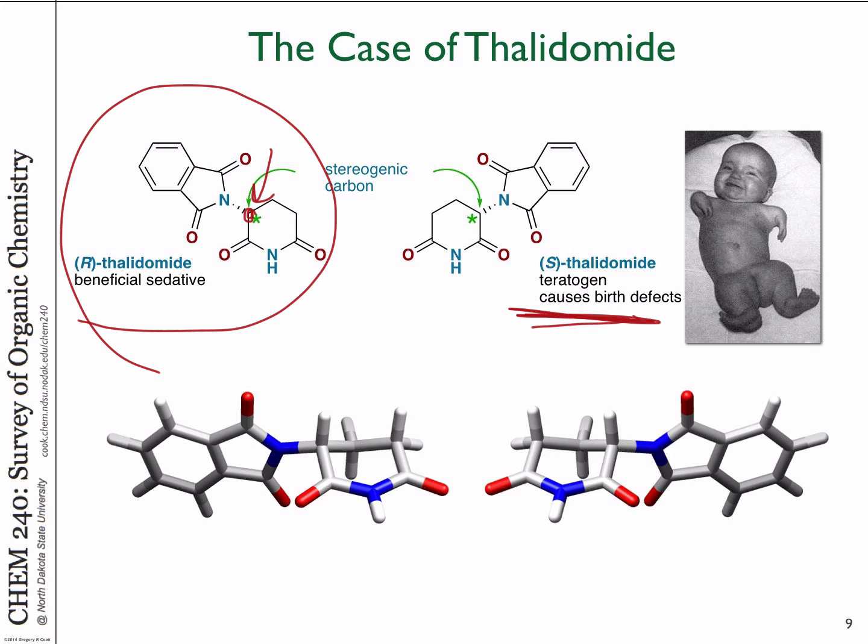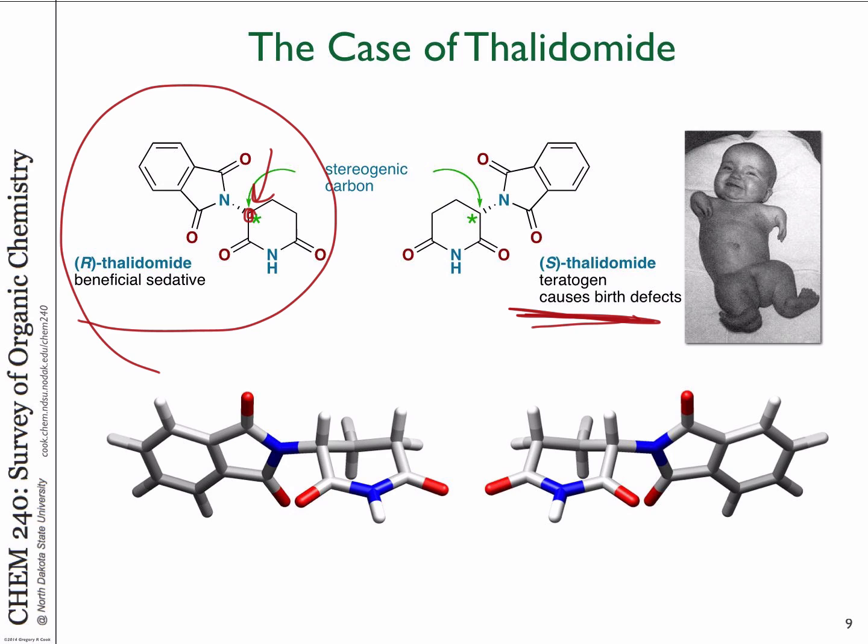So that was a big learning lesson for the regulatory agencies and for the pharmaceutical companies. Since this time especially, this is one of the biggest problems that had come out of this. By the way, not all chiral drugs have a bad isomer. Sometimes it doesn't matter. They could both be good, or one just doesn't do anything.